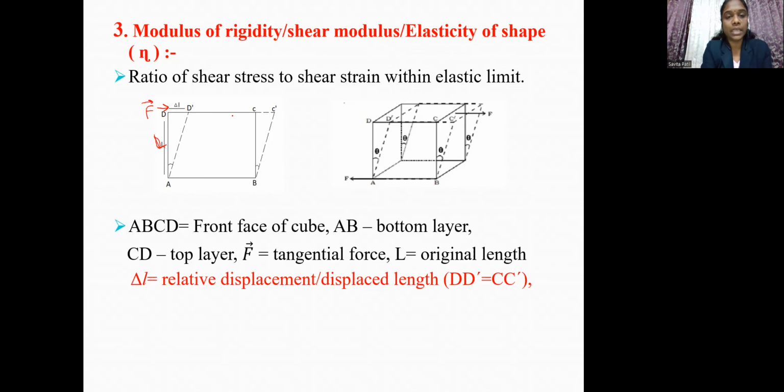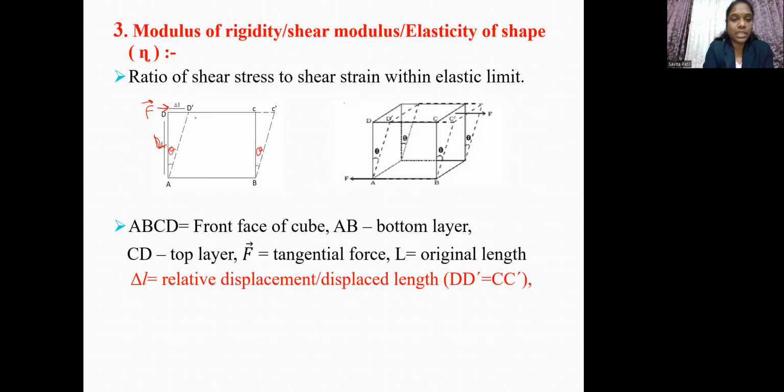Top layer CD displaces to the new position C dash D dash through a small angle theta. And then there is a change in shape of the face of the cube, which is A, B, C dash, D dash.